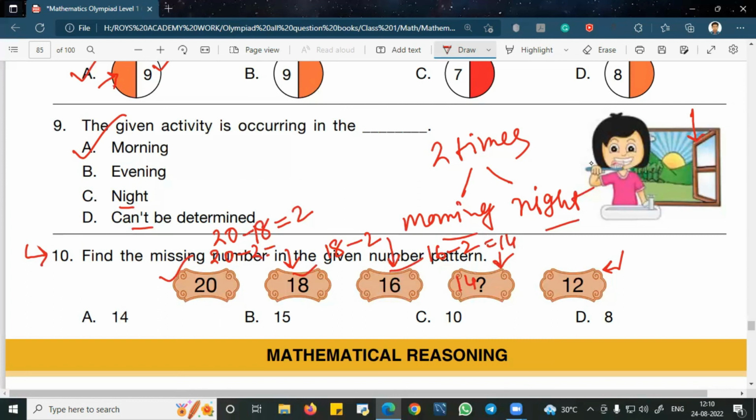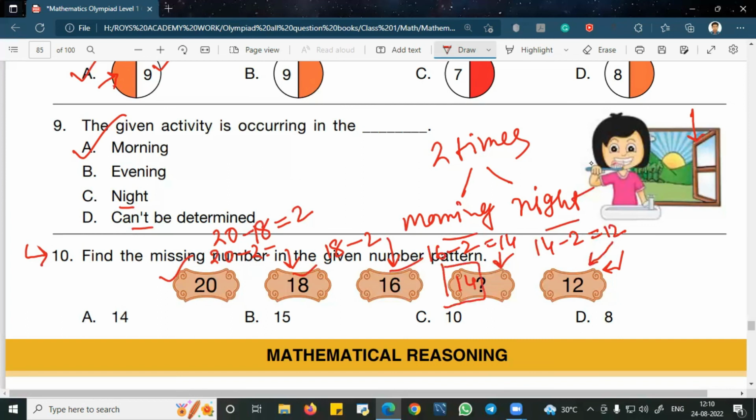If we subtract 2 from the previous number, we get the next one. So 14 minus 2 gives us 12. Guys, just see there will be 12 here. So our pattern is right, and 14 will be the right answer.